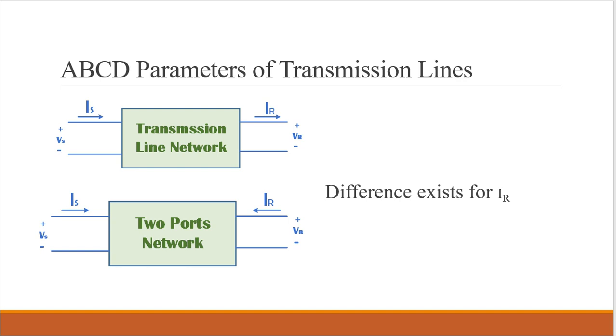In fact we have only the sending end and the receiving end, and the load is on the receiving end. Therefore in the transmission line network the receiving end current is towards the load, so we have to take it in this way. I hope it gets clear, right?